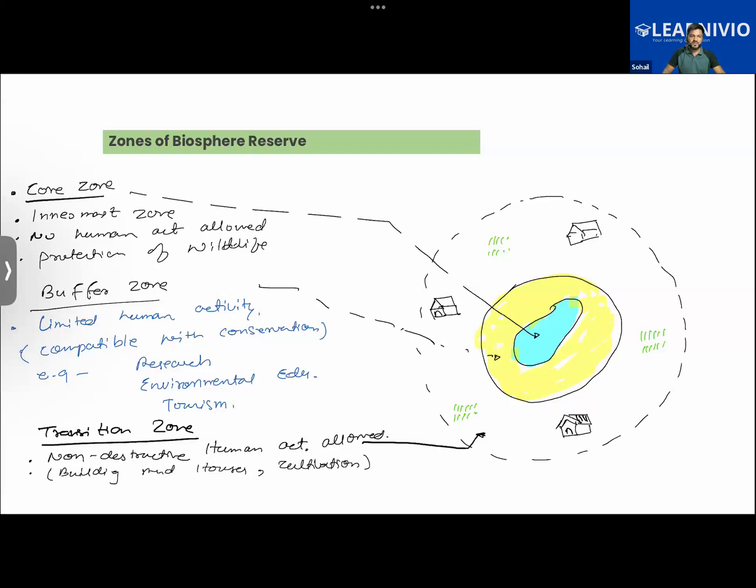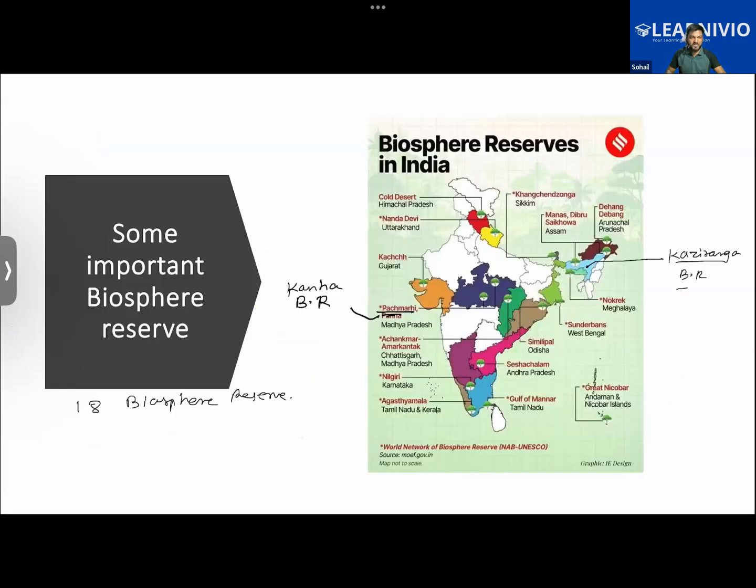No, factories are not allowed there. Okay, sir. Only tribal people can build their houses made of mud. Okay, so that will be allowed there. And they can do some other domestic works, like they can make handicraft items, etc. So they can do that also. They can do cultivation of crops as well.